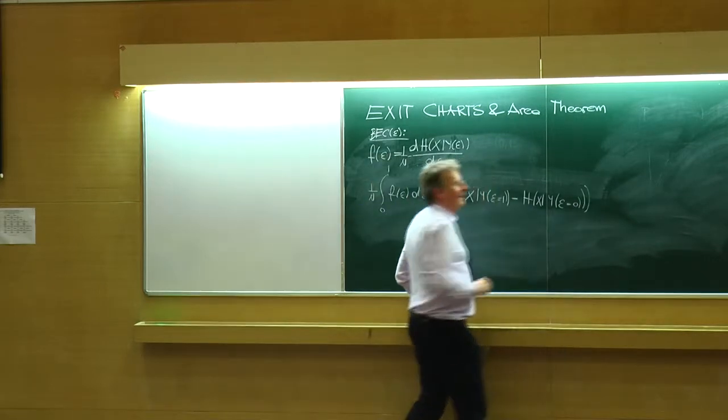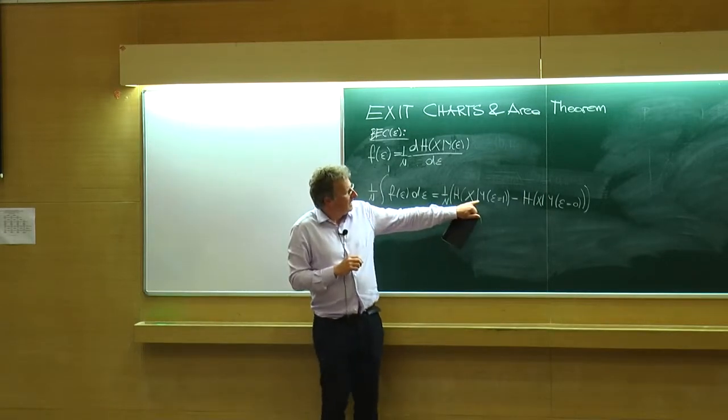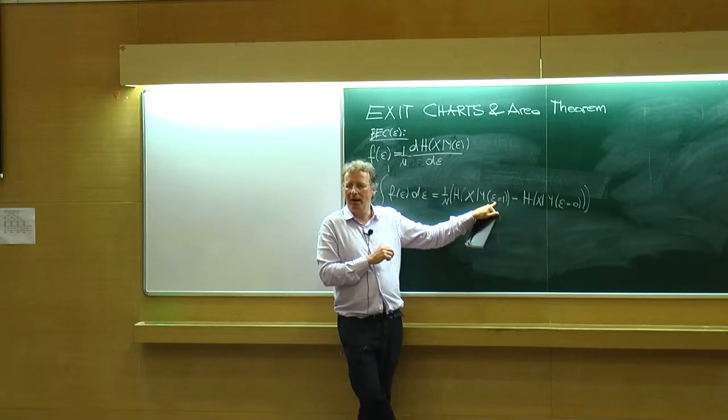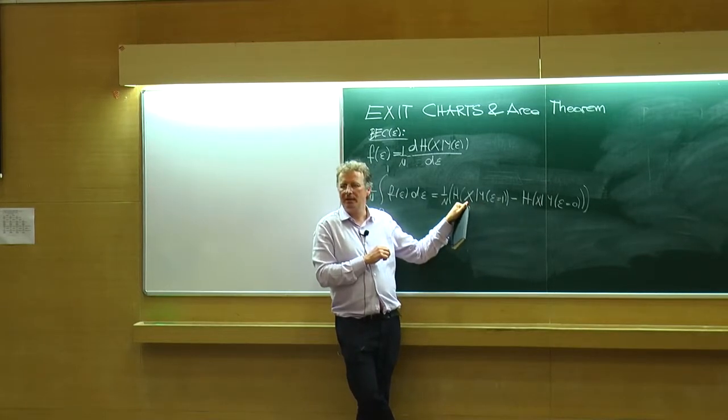I just integrate this out. But what is this? If I have erasure probability 1, what is my entropy for the x here?